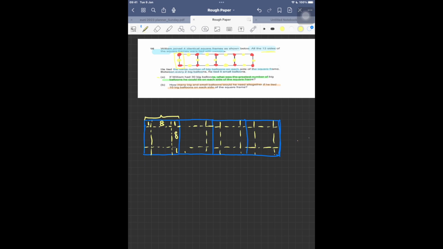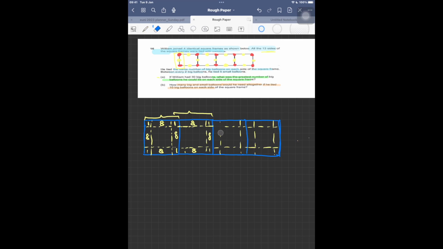What about this side? Then over here will be 8, 1. So over here makes 10. It will be 8, 1. Okay, can you see how it goes?